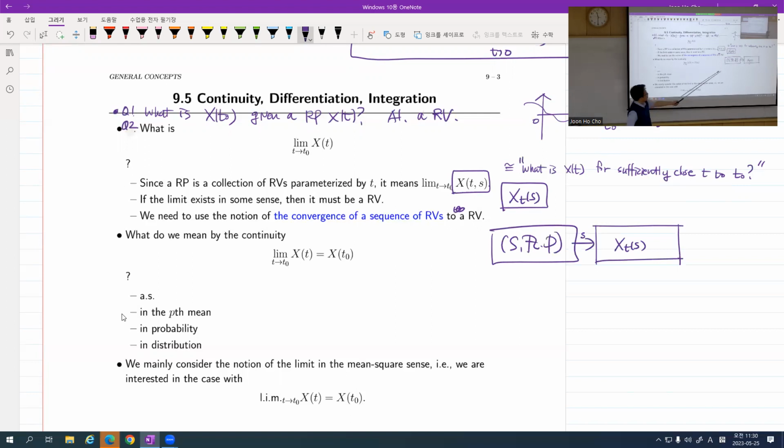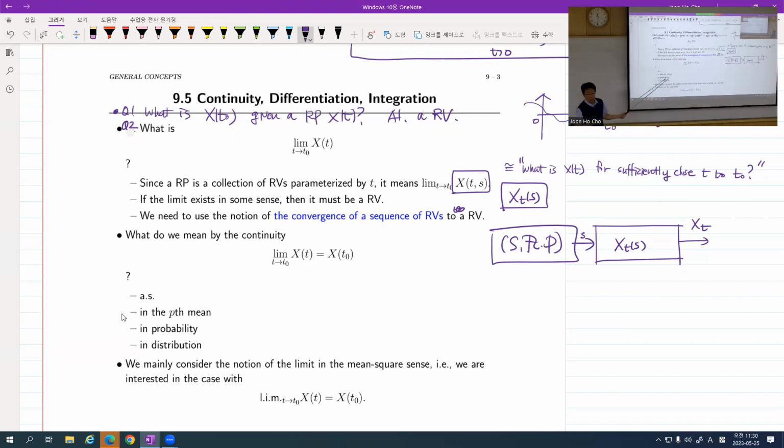Depending on the input value s, a guy here selects a so-called sample path and provides it to you, right? And we call that output a random process. Now we fix t to t0. Then what do we have? A random variable, right? So this one, if it exists, must be a random variable.